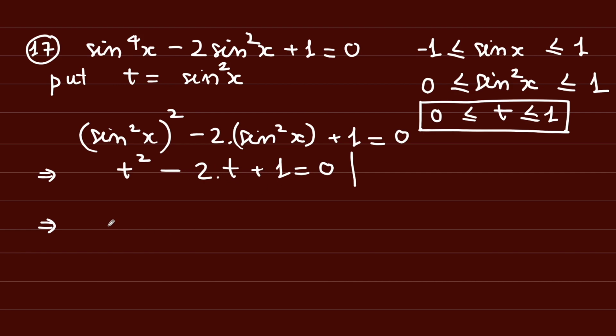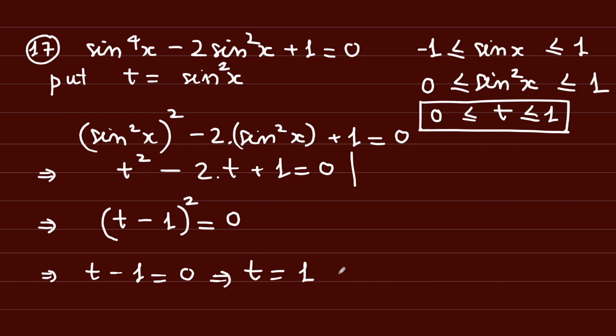This case is quite easy because it corresponds to (t minus 1) squared equal to 0. After that, you get t minus 1 equal to 0, and then t equal to 1. So the value for t here is 1, and we need to come back to sine square h.